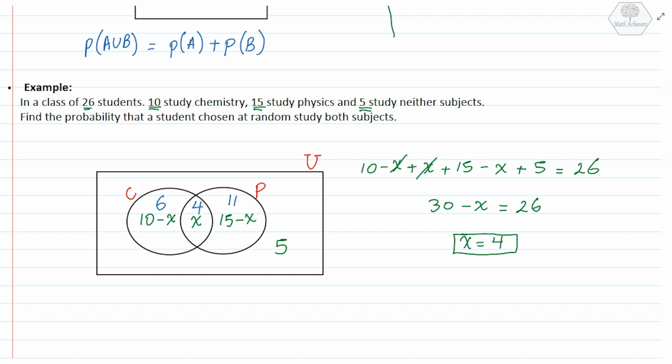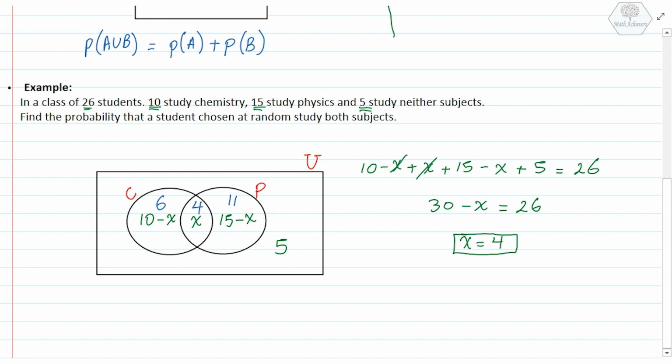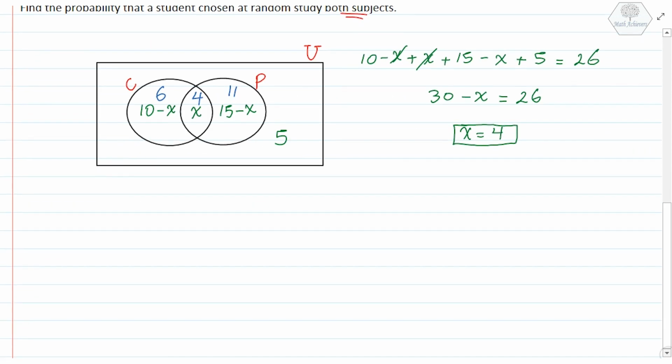Now let's find our probability. We need to find the probability that a student chosen at random studies both subjects. So the probability of studying both subjects is simply equal to this value, which is 4, over the total number of students, which is 26.